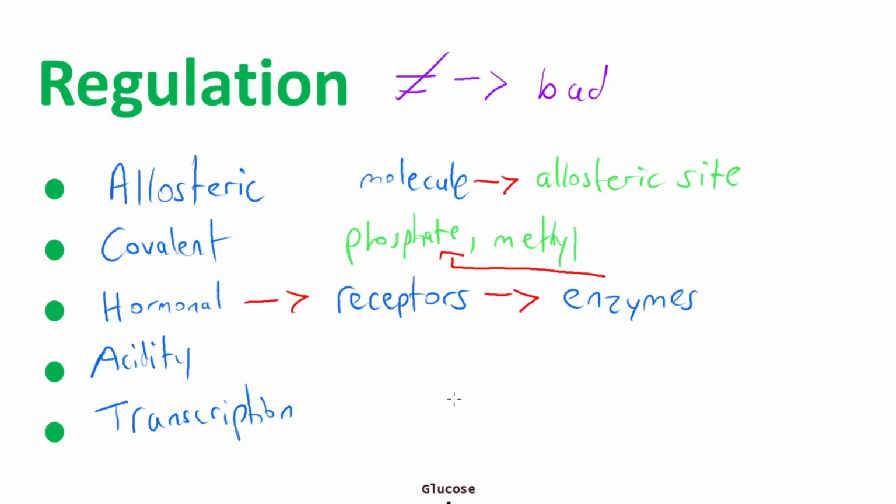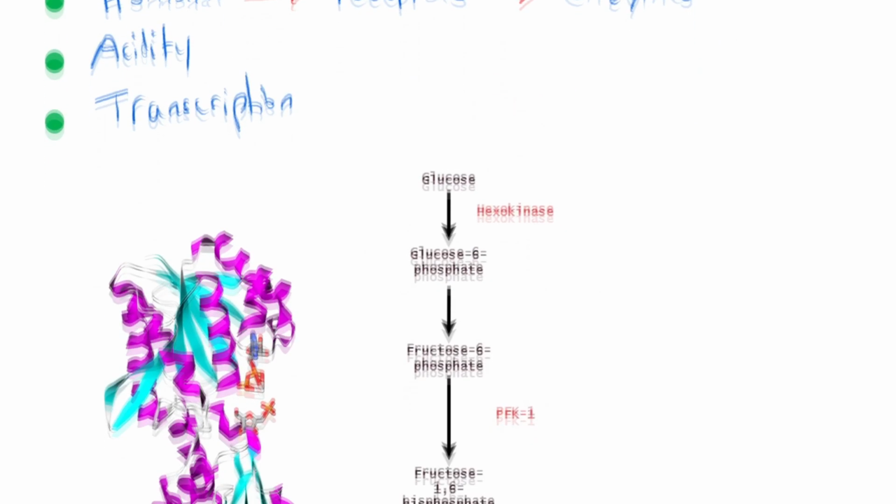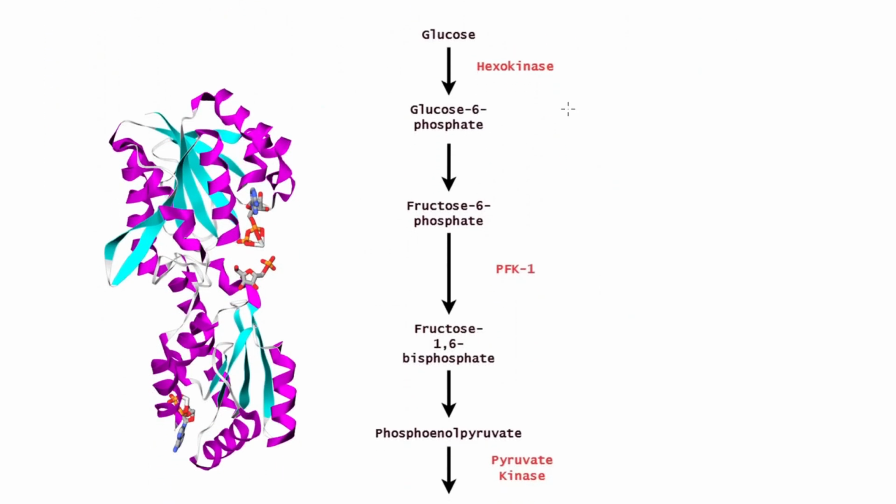The regulation functions differently in the muscle versus the liver in terms of glycolysis. Obviously there are similarities, but in this lesson we're going to talk about the muscle, and in the next one, part 2 of regulation, we're going to talk about regulation in the liver. Alright, first things first, the steps I'm showing here are the irreversible steps.